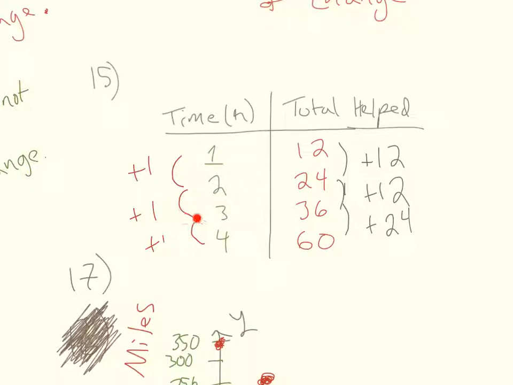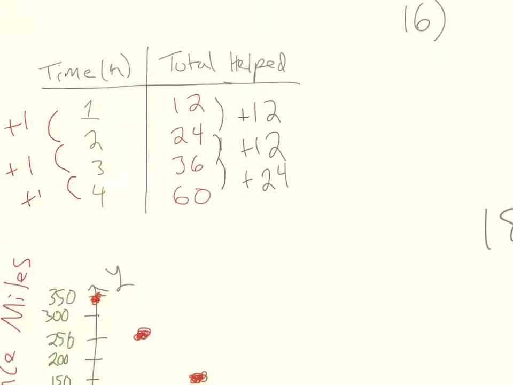That is not a constant rate of change. This was constant over on our left. For every 1 we go down, we increased our time by 1. But here, every time we go down, we went 12, 12, and then all of a sudden 24. So this is not a constant rate of change.